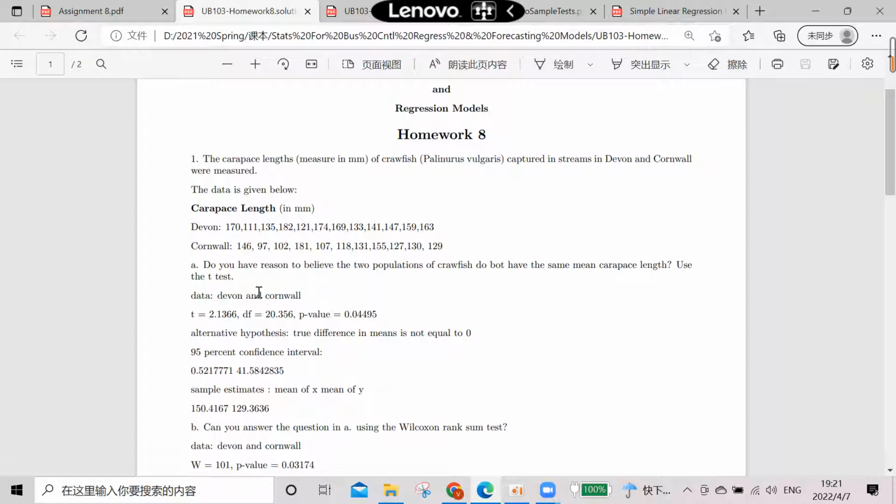Your new data set would not be 170, 111, 135, etc. But instead it's 1, 2, 3, 4, 5, 6, 7, 8, 9, 10. It's just their relative ranks. You don't care about the absolute value anymore. You just rank them and you get their ranks. And then you have a test about those ranks. You'll find all the ranks of Devon or all the ranks of Cornwall.